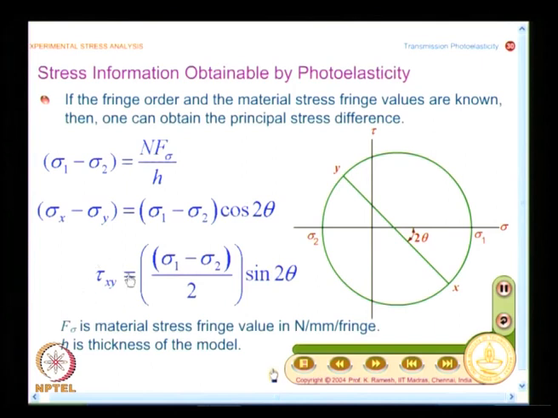If you remember and recall, one of the very important problems in engineering is a 3 point bend specimen. I want to find out the variation of shear over the depth. When I go closer to the point of loading, though you have read in your simple strength of materials course that shear varies parabolically over the depth, this is no longer so very close to the load application point.